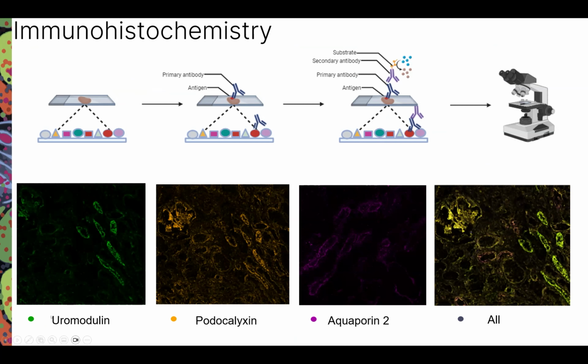For the tissue functional units of my interest, uromodulin, pondacolixin, and aquaporin-2, each of them has its own color to represent them. In future slides, for each color and each tissue functional unit, I'll refer to them as a channel.